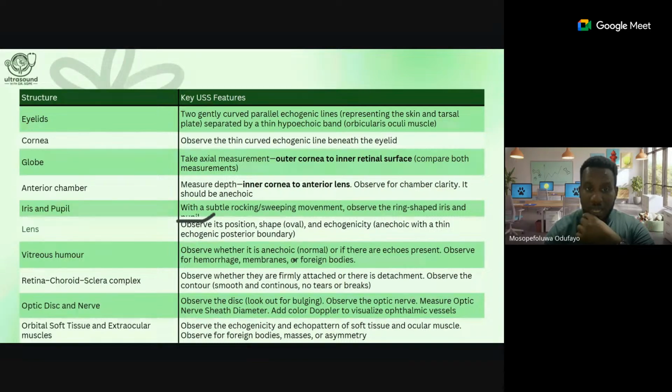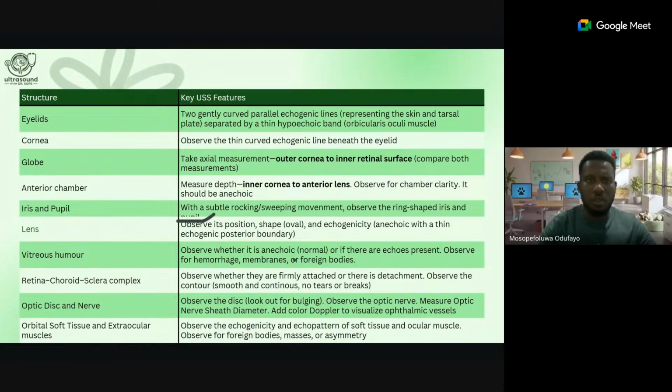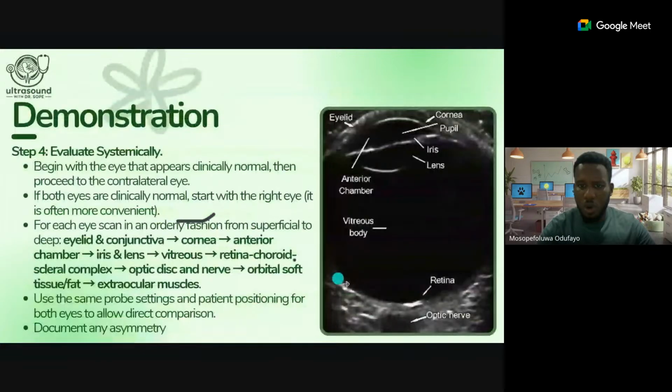You're supposed to have a concave or a smooth concavity bordering the perimeter of the vitreous. No bumps, absolutely nothing. As you can see in this image here, no bumps whatsoever.